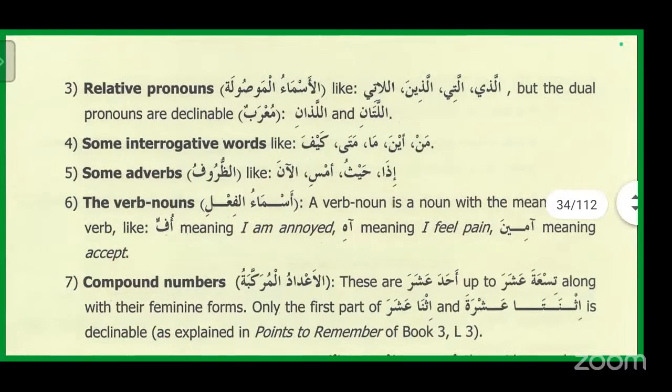Category number 3, relative pronouns, al asma'ul mawsula: alladhi, allati, alladhina, allati. But the dual pronouns are declinable, mu'rabun: allatani and alladhani.